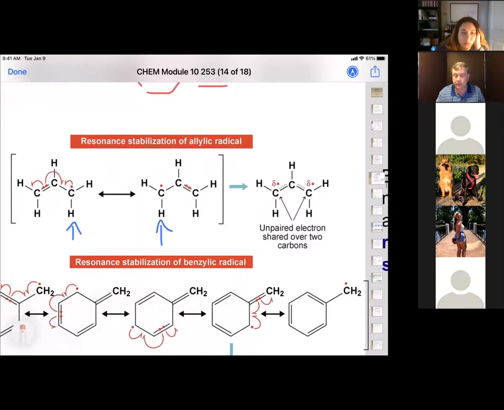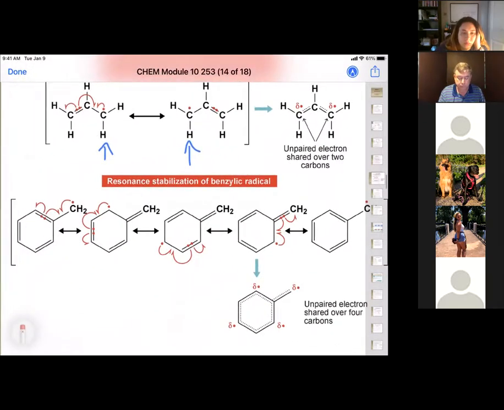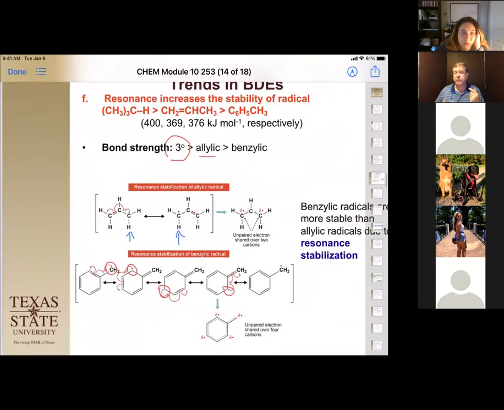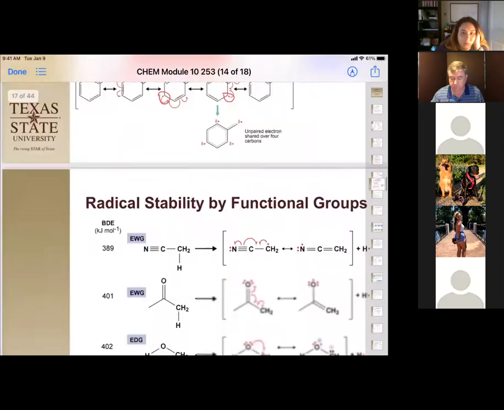Okay. In the case of our benzylic radical, we can move that all the way around the ring to 4 different positions, 1 here, 1 here, 1 here, and 1 here. And because of that, it has 4 places for that electron to be shared, making it even more stable. Okay. So do you see how these trends are almost exactly like the acid-base trends we saw?